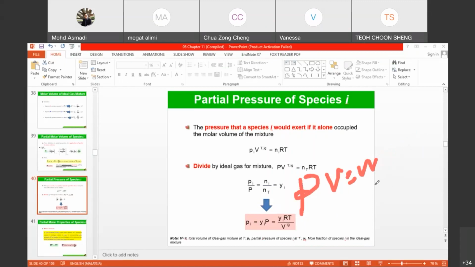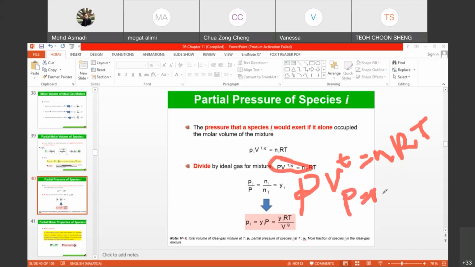So V^t is the total volume. Once you rearrange, you can get this one. So P is equal to nRT divided by V^t.